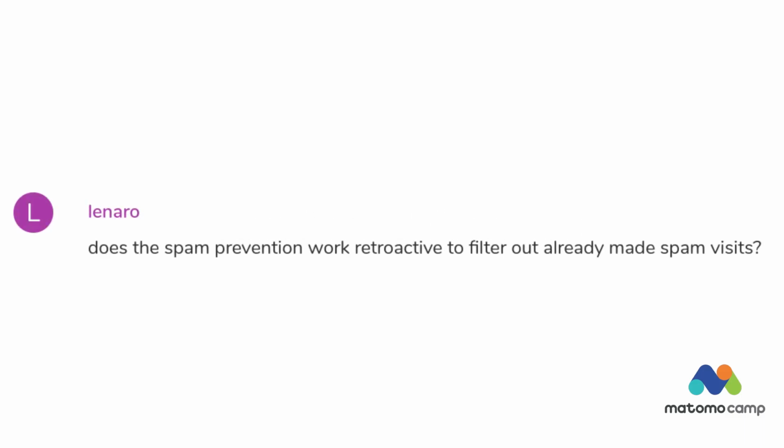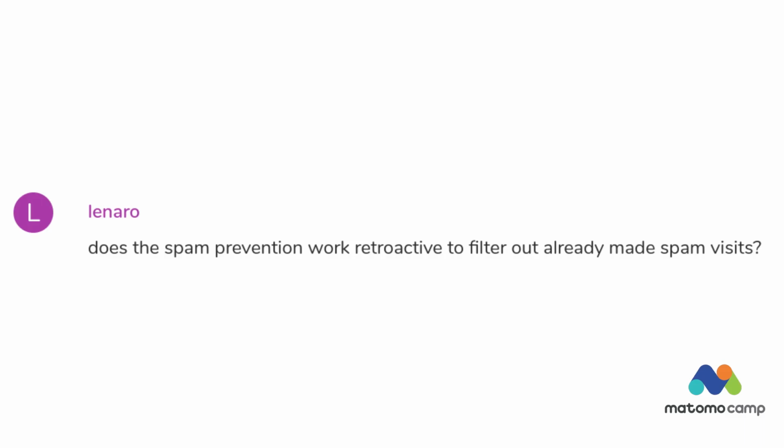Linaro asks in the chat room, does the spam prevention work retroactively to filter out already made spam visits? No, the tracking spam prevention plugin doesn't work retroactively. This is something you would need to install to prevent future spam tracking requests.